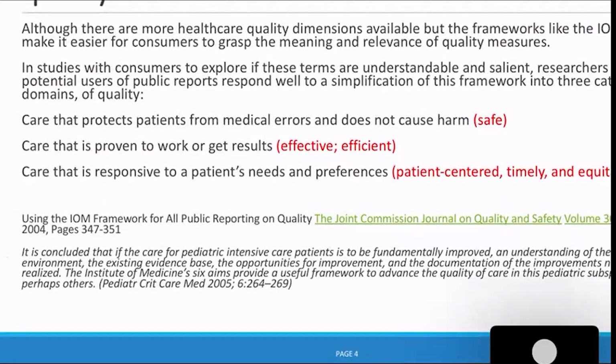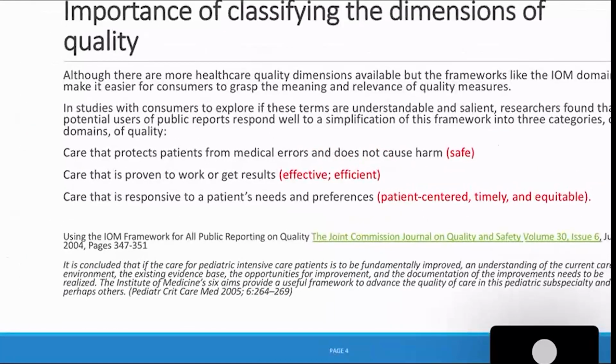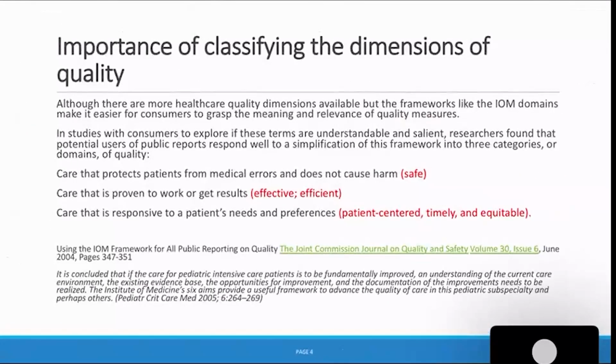Many articles are there, but for the presentation I have taken 2 references. Even in pediatric critical care, it is concluded that if the care of pediatric intensive care patients is to be fundamentally improved, an understanding of the current care environment, the existing evidence base, the opportunity for improvement, and documentation for the improvement needs to be realized.